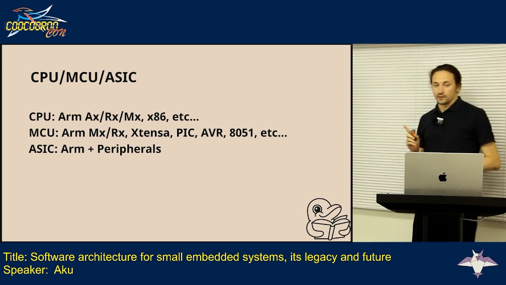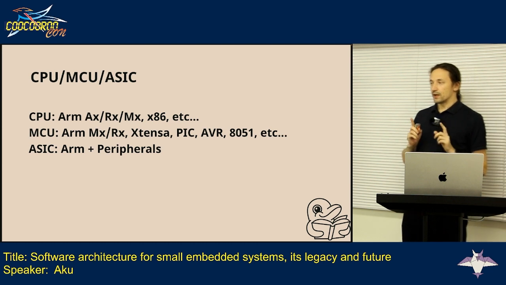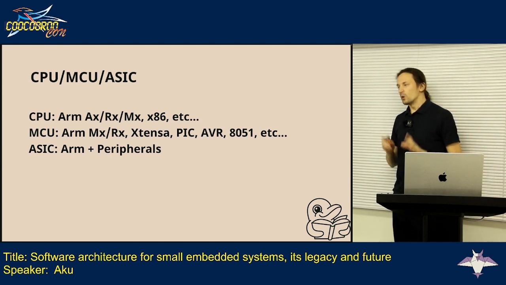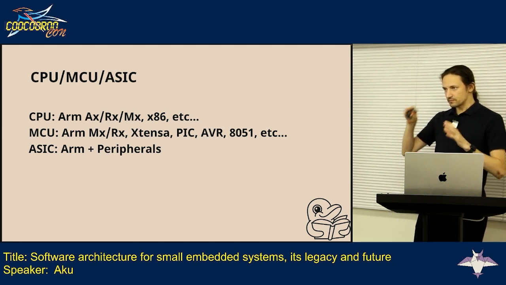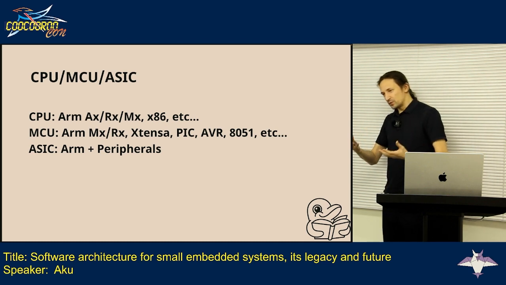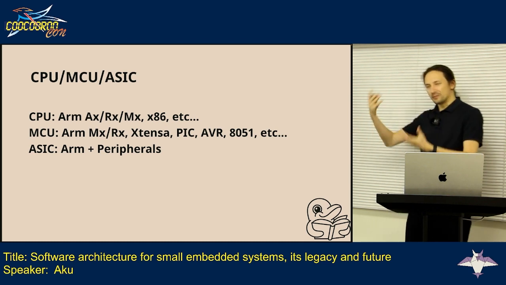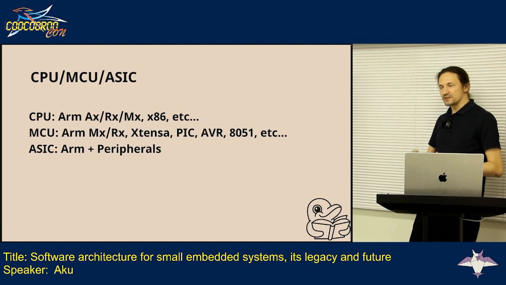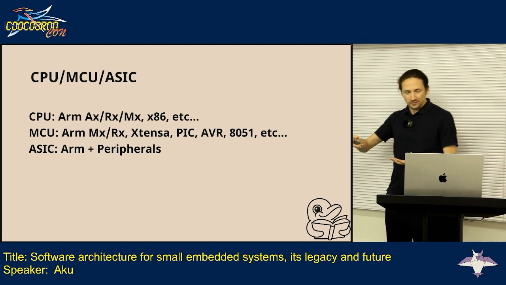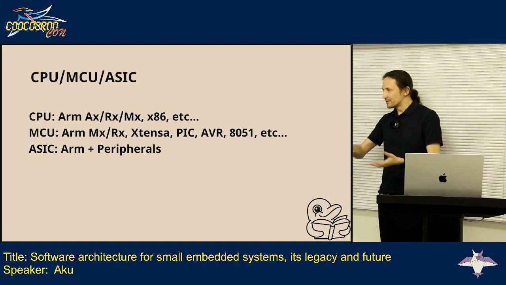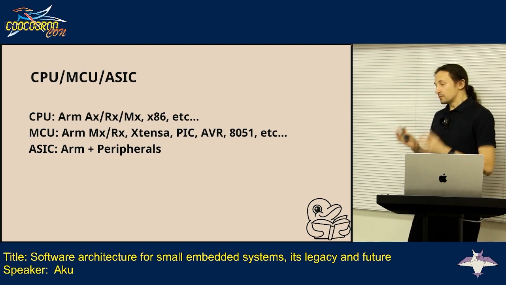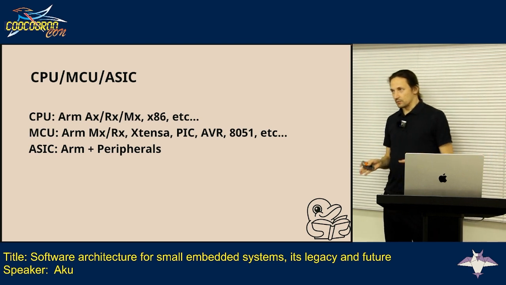In addition, CPUs usually don't have memory on board. Obviously, they have a little bit of memory just to start the whole thing, to enable the memory management unit, map external memory into your address space, and then just load your big application or your kernel and start it. If we're talking about MCUs, they usually don't have external memory.